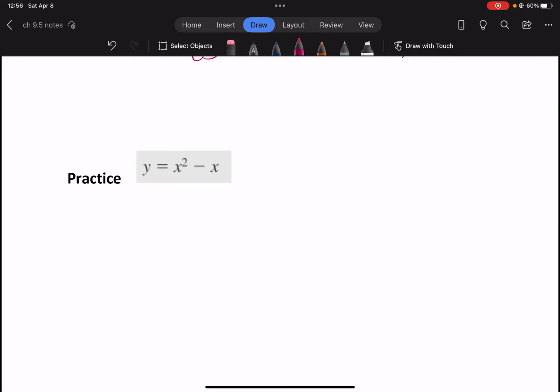This one here, I've got it already equal to 0, so I've got a on the x squared, which is 1, b is -1, c is 0 because there's no constant term. So we do b squared, which is -1 squared, minus 4 times a, which is 1, times c, which is 0.